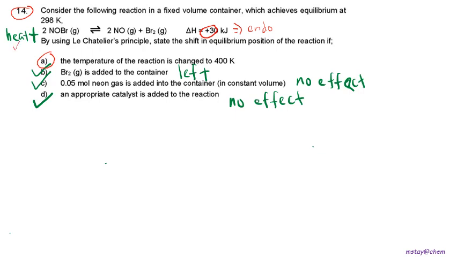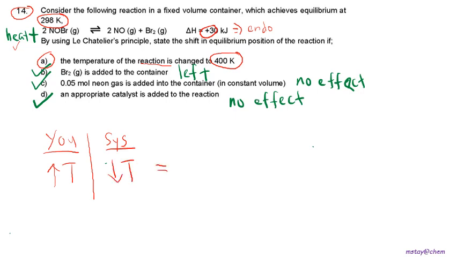So now we have to check. At first the temperature of the equilibrium is 298 Kelvin, then the reaction is changed to 400 Kelvin. So means that the action done by you is increasing the temperature. So system is going to reduce the temperature and has to shift to the side without heat.